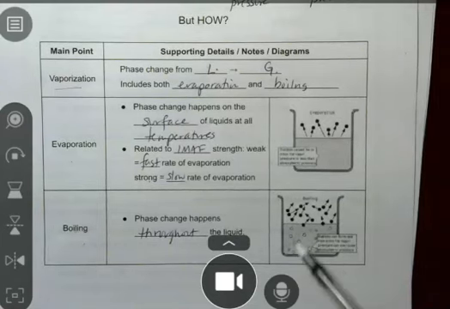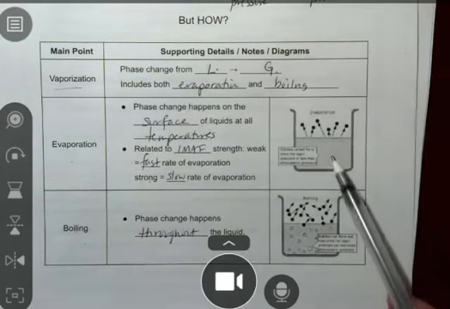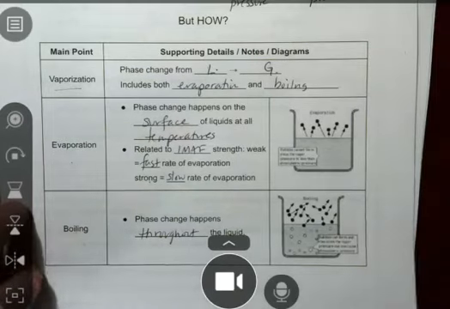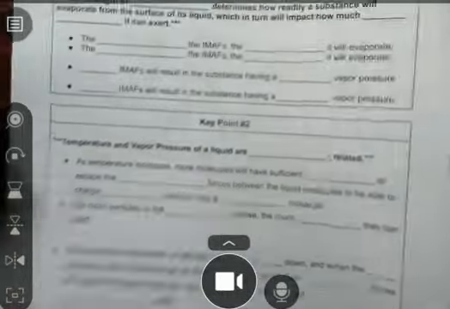So boiling is the phase change as it happens throughout. Evaporation is the phase change where it happens only at the surface. Let's take a look at putting this all together.